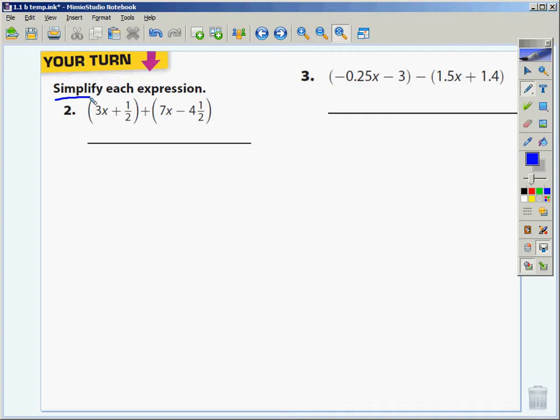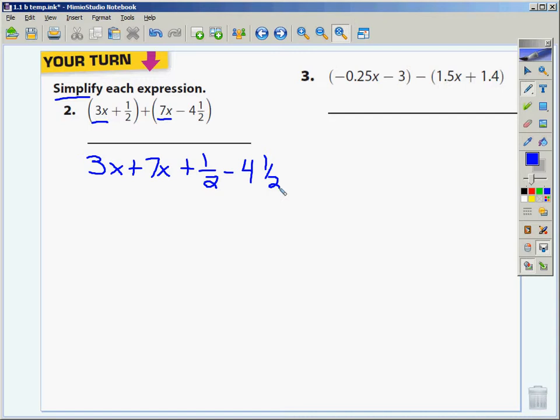If you'll notice, I see an x here, I see an x here. Who can tell me which property allows me to rewrite the order when it's all in addition? Instead of writing 3x plus a half plus 7x minus 4 and a half, I'd like to write 3x plus 7x plus a half minus 4 and a half.